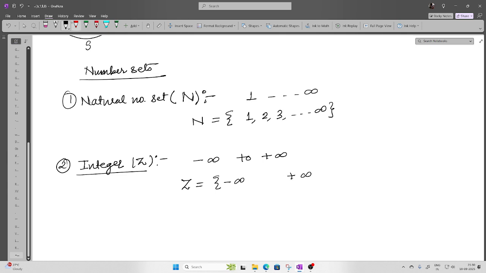So let me write it, that it will be having minus 1, 0, 1, 2, and so on. So many numbers, but all the numbers should be whole numbers. So if you look at these two sets, then you can very well appreciate the fact that N, that is the natural number set, is inside the integer set.